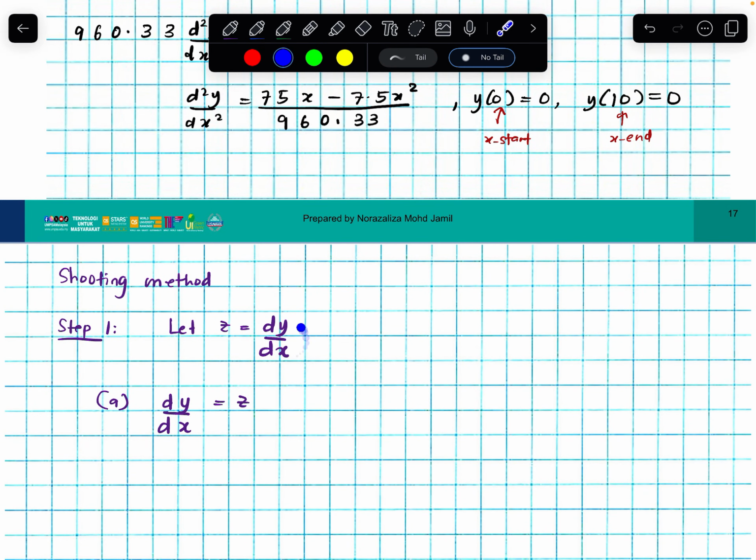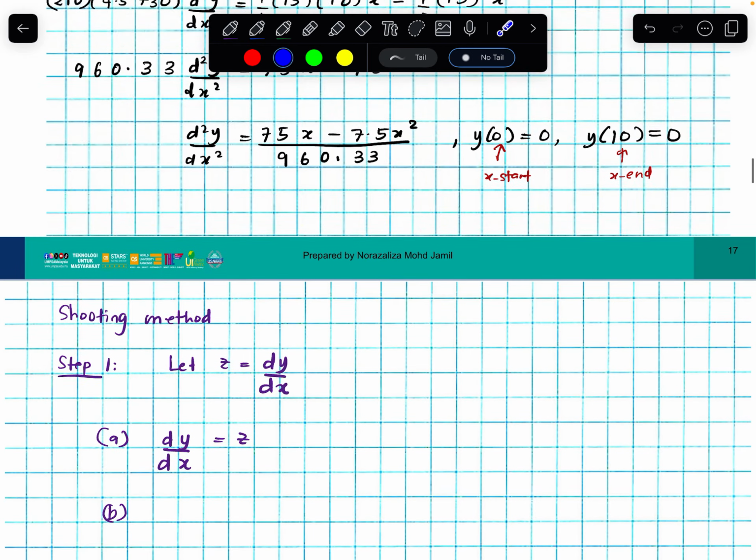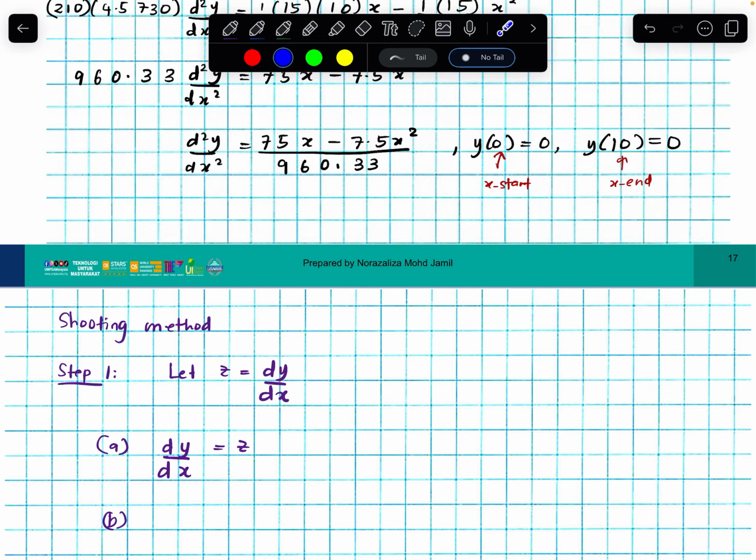I just rearranged the position left to right and right to left. The second equation: on the left is d²y/dx², which is actually dz/dx, because you introduced z as dy/dx.